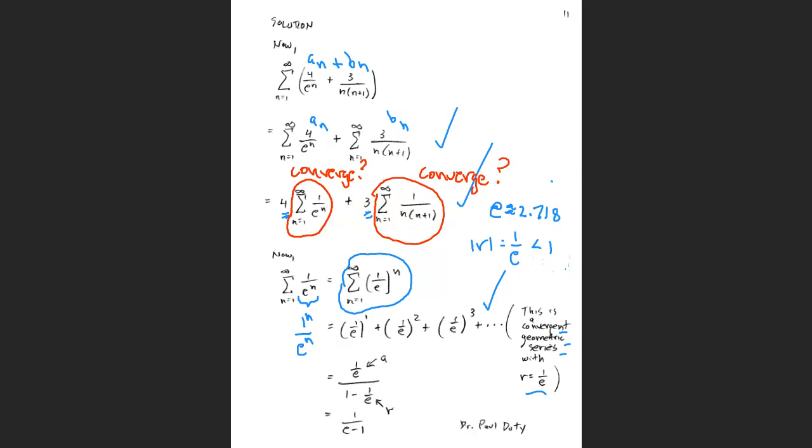Well, now you're seeing it, and so it converges to the finite sum, and this is a divided by 1 minus the common ratio. Common ratio r is 1 over e. And if we want to make this fraction look a little nicer, I think I'll erase this here.